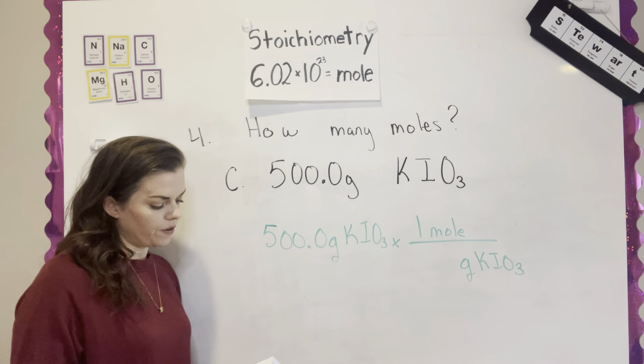We've talked about how if you don't know what to do, you convert to moles as your first step. If I have moles and I'm wanting to cancel out molecules, I'm going to be using Avogadro's number. Molecules is going to cancel out, and I'm going to get an answer that tells me how many moles of water I have.